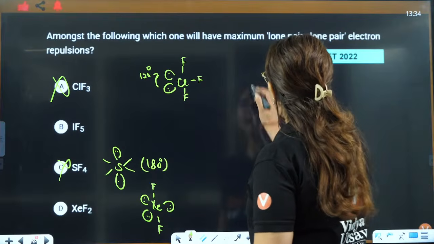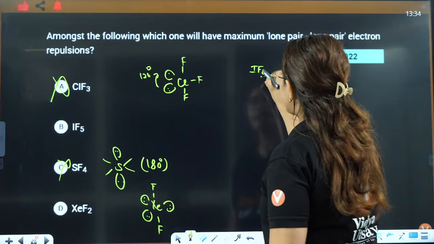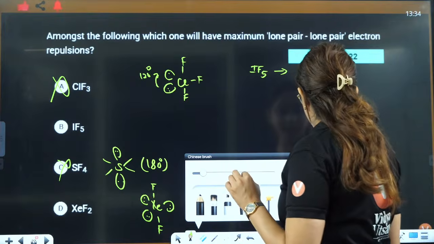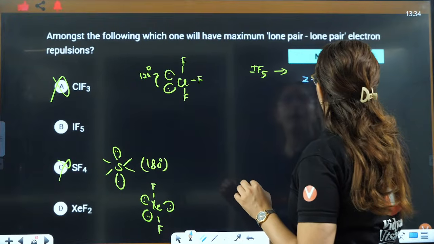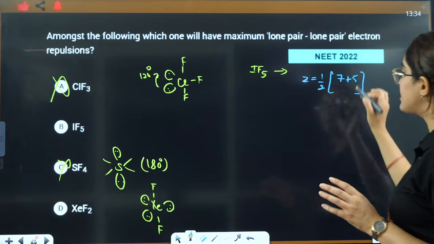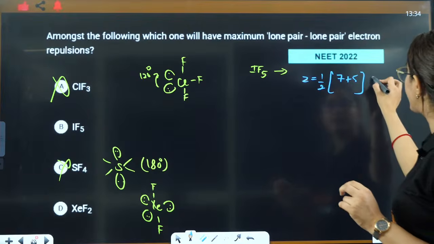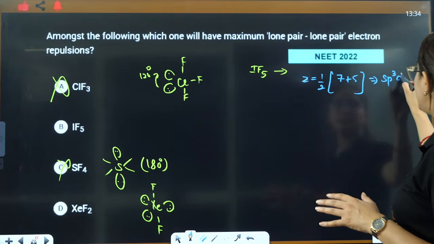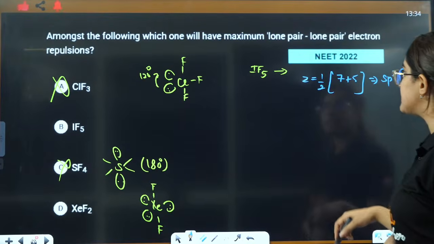Now let's solve IF5. If there is any new molecule, I will solve it for you. Again Z is half. Iodine is a halogen, so 7 valence plus 5, that is 12. 12 by 2 is 6, so it is sp3d2, octahedral.